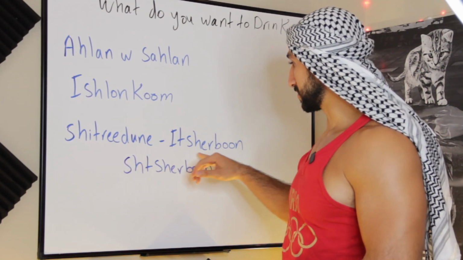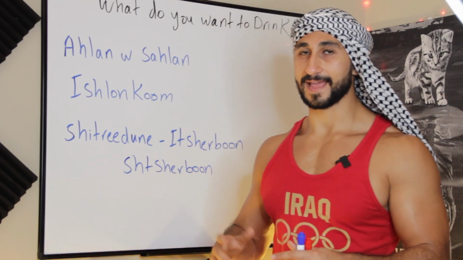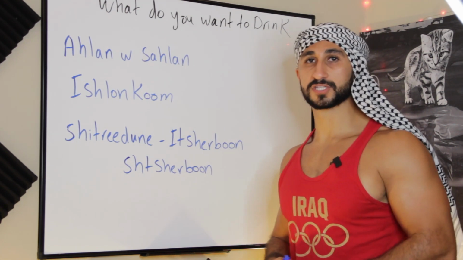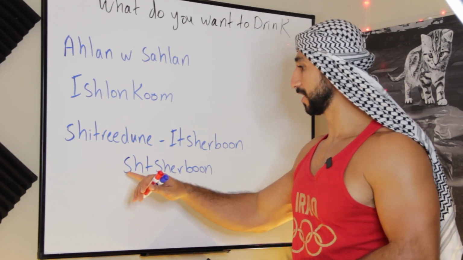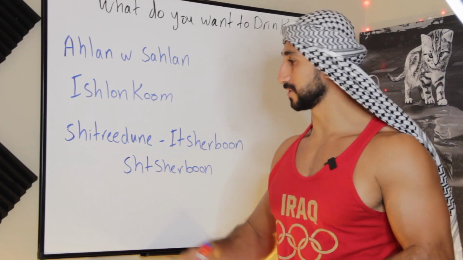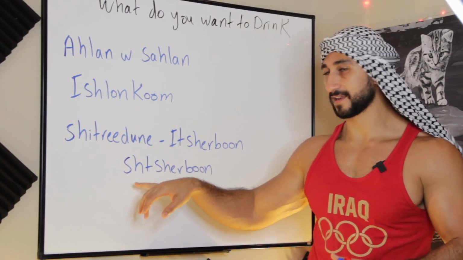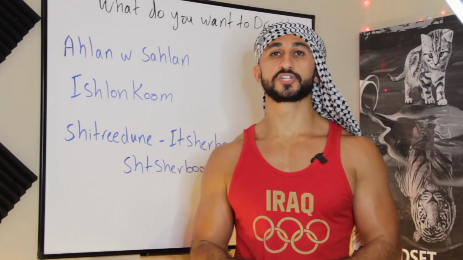Also, he could say this, but we also simplify that, and he could also say شتشربون. So instead of saying شتريدون تشربون, this will be simplified into شتشربون.